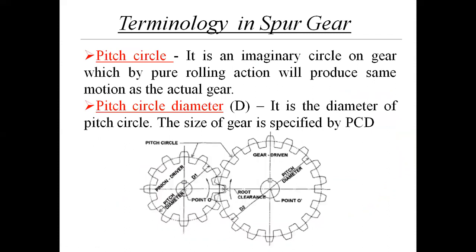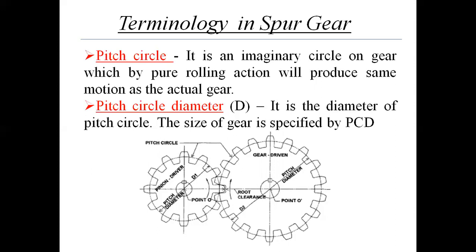Next is the pitch circle diameter. Pitch circle diameter is nothing but the diameter of the pitch circle, and it is denoted by the alphabet D. As discussed earlier on this YouTube channel in the basics of spur gear, a gear is always used in a pair.